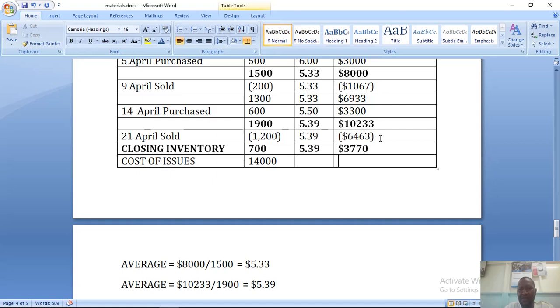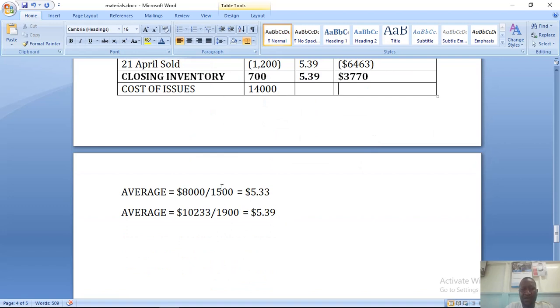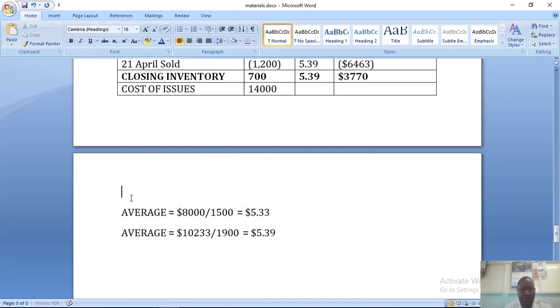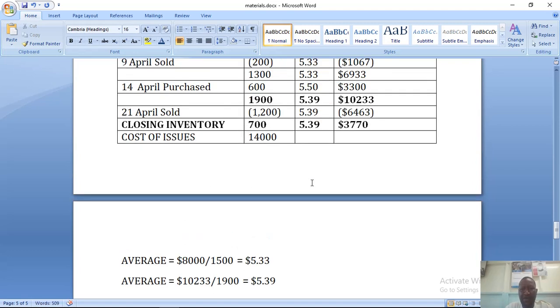1,067 plus 6,463. So just adding those figures, we can use that space to work out the sum. We have 1,067 plus the other issue costed 6,463.